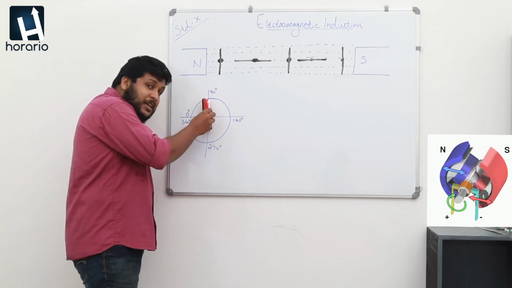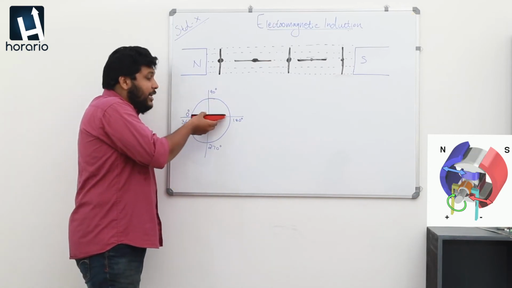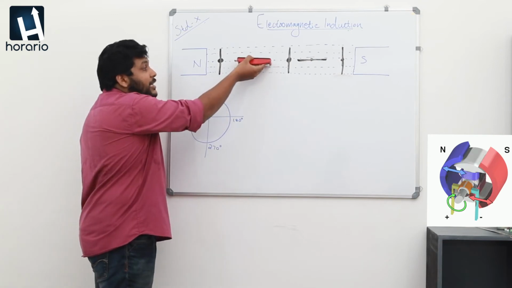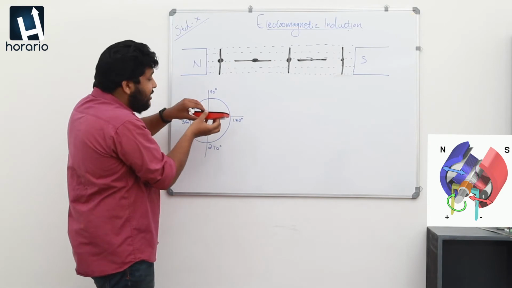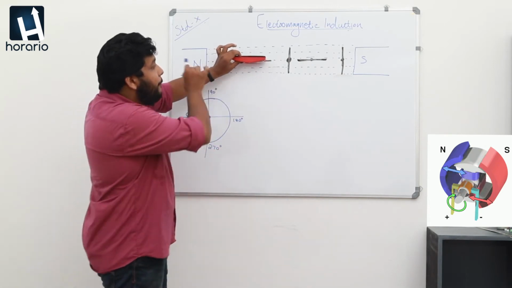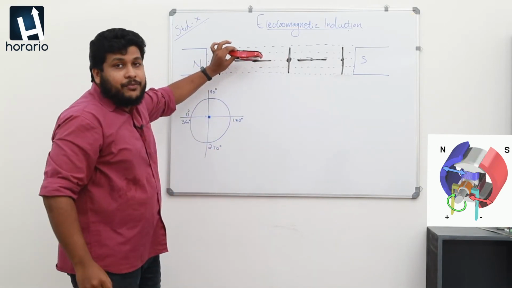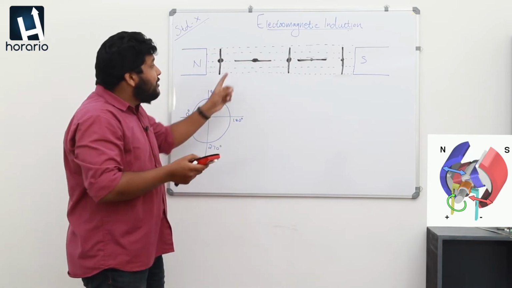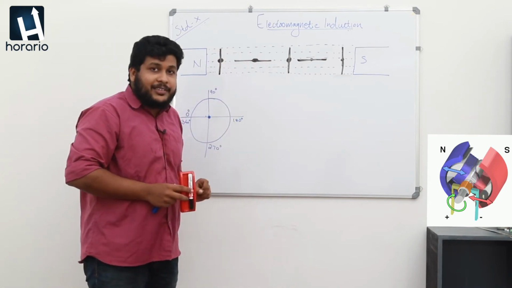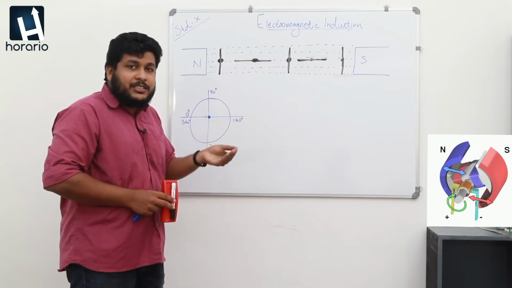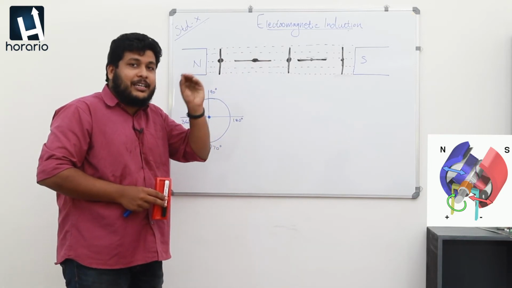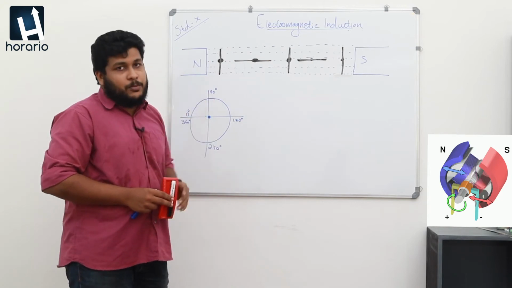Again, this armature is rotated by 90 degrees, which reaches 180 degree. At 180 degree, the armature is parallel to the magnetic flux. When the armature is parallel, the flux linkage is very minimum, which means the electrical energy or current produced will be very small.